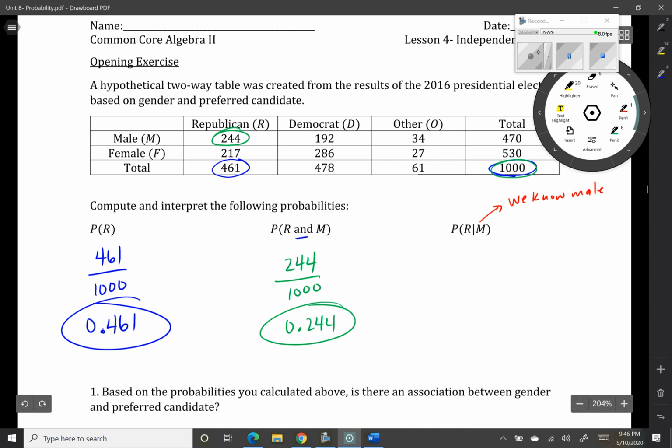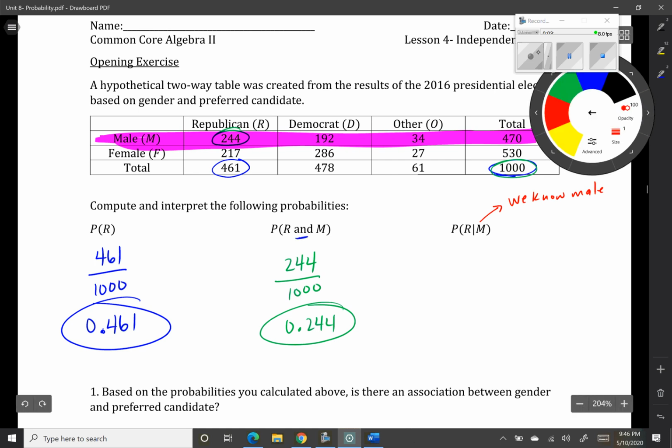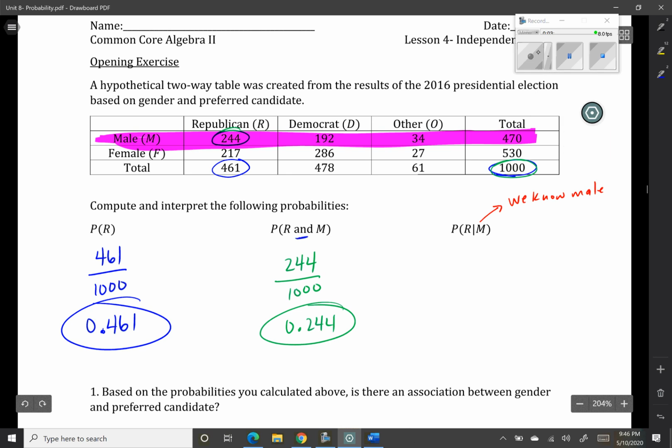So since we're only looking at the males, I only want to look at a certain portion of these people. So we're only looking at this row here that I'm highlighting in purple. Because we're only looking at that particular section, we're looking at the Republicans here, 244 still that are male, out of the 470 males that were in the survey.